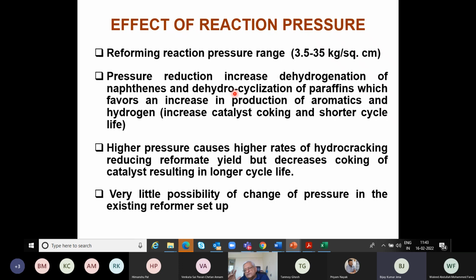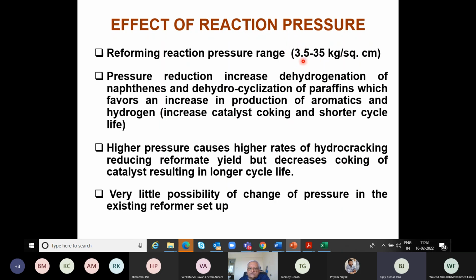So there is an expansion in volume. So according to Le Chatelier's principle, it is better if you go down on pressure. And so there has been a continuous effort to go down on pressure. So almost from 70 bar in 1949, today's reformers are designed at about 3.5 kg.